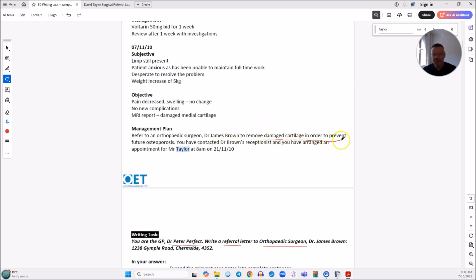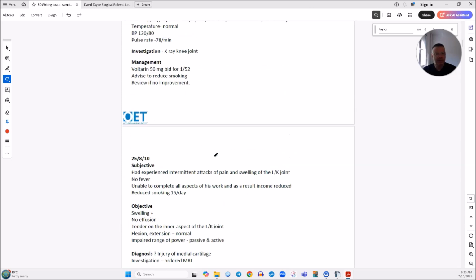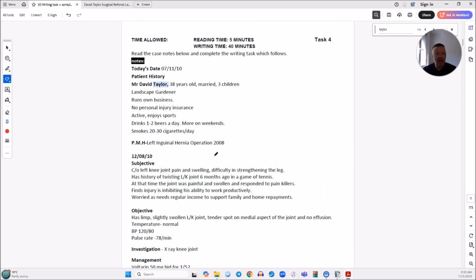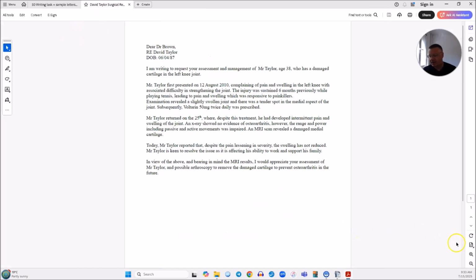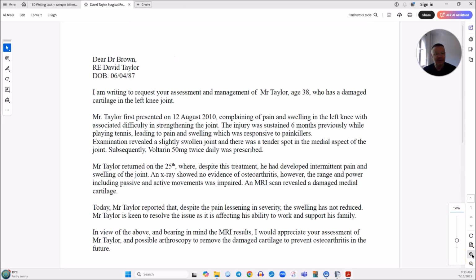Remove the cartilage, prevent future osteoarthritis, receptionist, appointments being arranged. Okay, seems pretty straightforward. Now, I happen to have a sample of this particular letter. I don't have one for the second letter, but we'll take a look at it in any case.